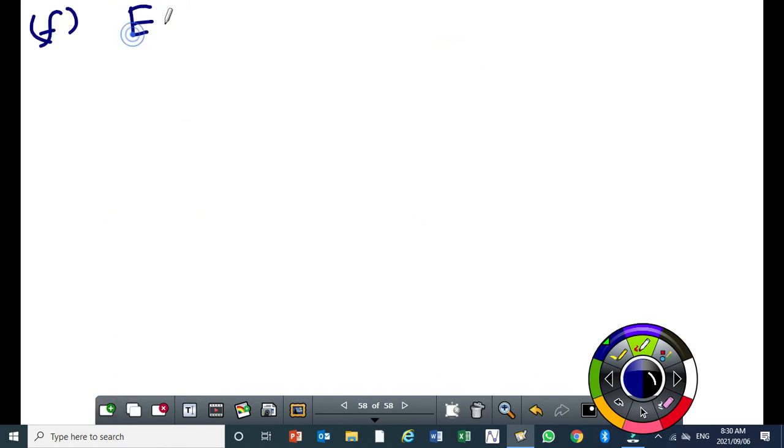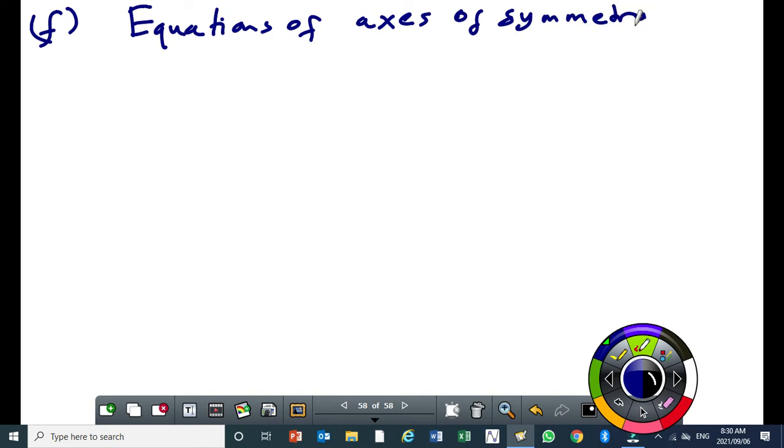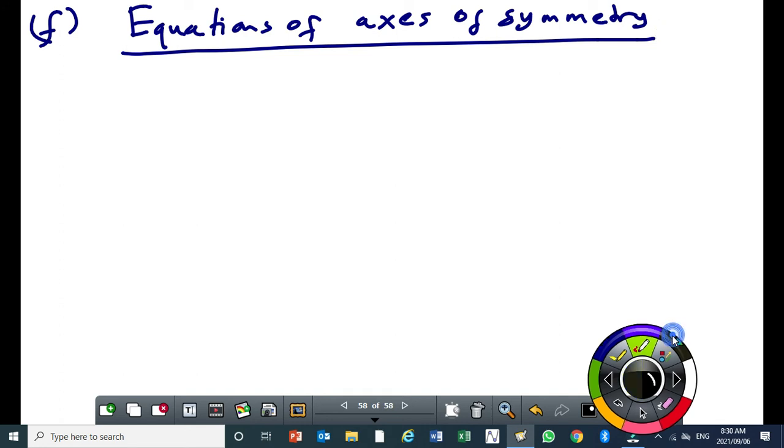So, equations of axes of symmetry. Please, this is plural, axes of symmetry. There are two of them.